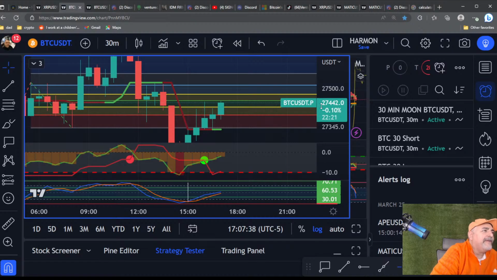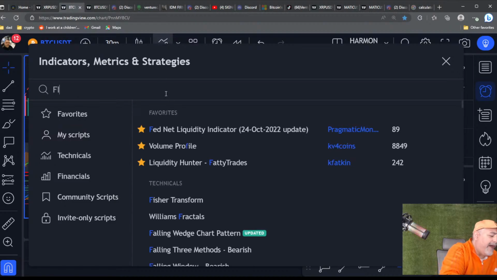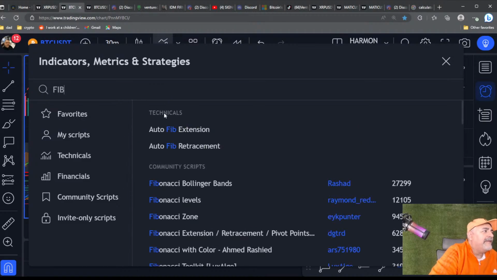All right. Here's how you draw Fibonacci so they're not subjective. They're actually correct, right? You go here to indicators. Click on indicators. Type in the word FIB. The very top one is called the Auto Fib extension.